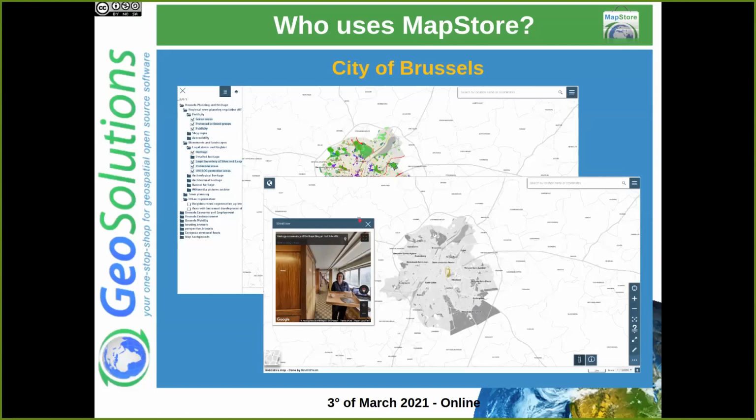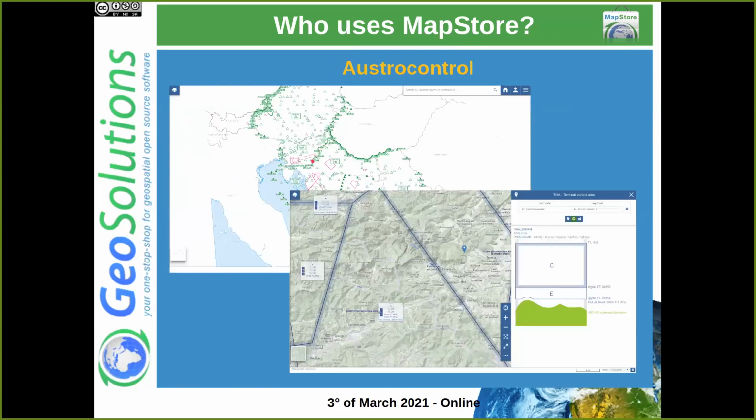Here there is a portal for the city of Brussels that they created, with some custom plugins for their own purposes and some customizations. Then Austrocontrol used MapStore. Austrocontrol is an air navigation service provider, and they used MapStore basically as the main product with a few customizations.